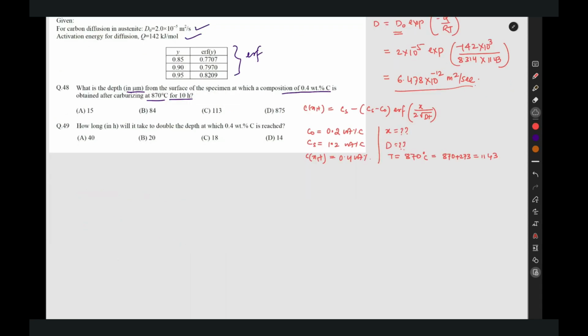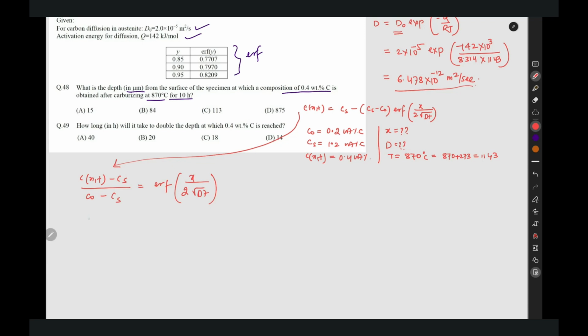Now proceeding to the carburization part, we will write Fick's second law of diffusion. We will write this expression as C(x,t) minus Cs by C0 minus Cs equal to erf of x by 2 root Dt. Now we will substitute the values.